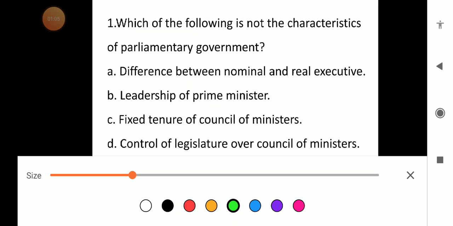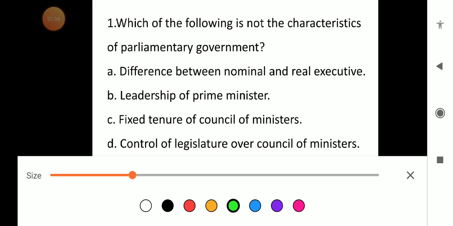If we talk about the parliamentary form of government, we know that there is a close relationship between the nominal and the real executive. There are two kinds of executive: nominal executive and real executive. For example, in England there is a parliamentary monarchical form of democracy.